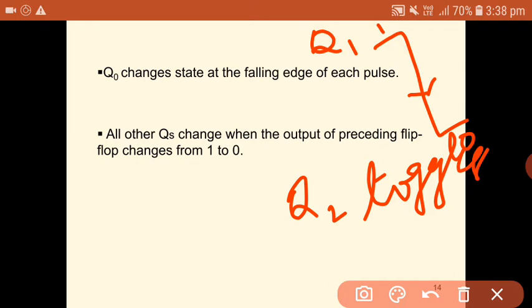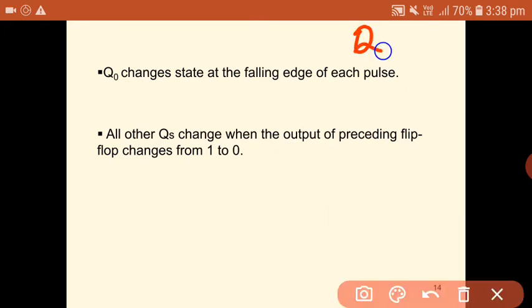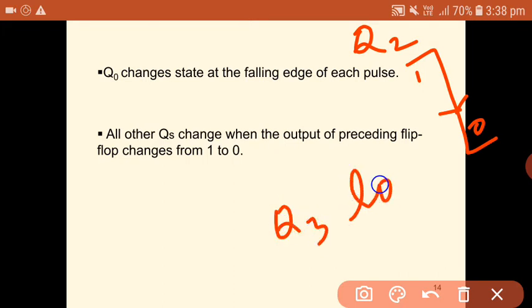Toggles means the present output will be equal to the complement of the previous output. Similarly, whenever Q2 is changing its state from logic 1 to logic 0, then Q3 toggles.